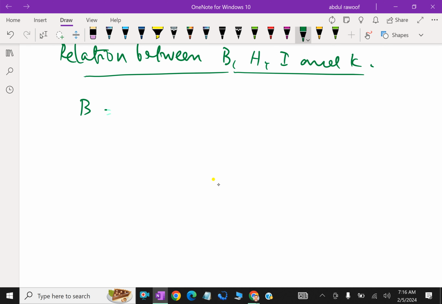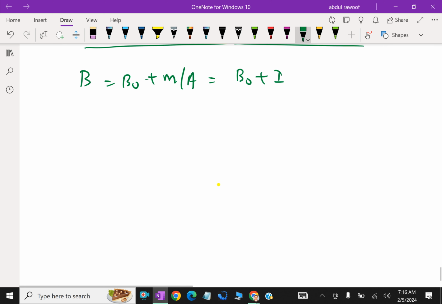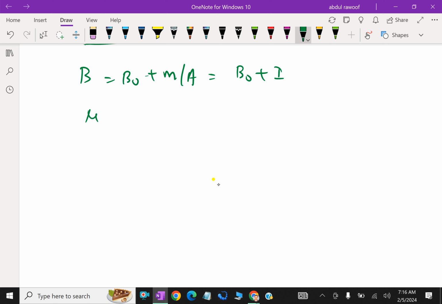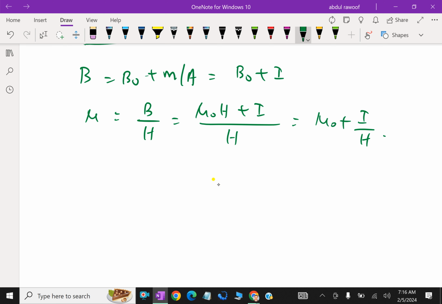B equals B0 plus M over A, which equals B0 plus the intensity I. Now permeability mu equals B over H, which equals mu0 H plus intensity I over H, which equals mu0 plus I by H.